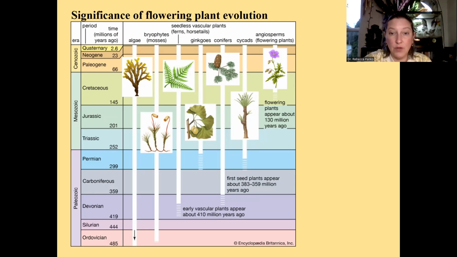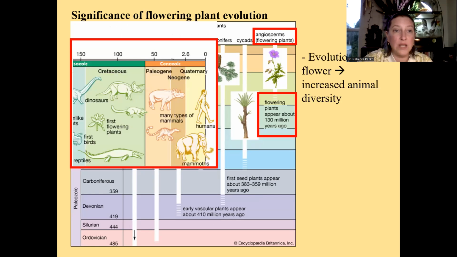And around that time, we start to see a diversification of animal life, which we've talked about. But when the flowering plants show up around 130 million years ago in the fossil record, that's when we see a big explosion in terms of diversification of animal form.